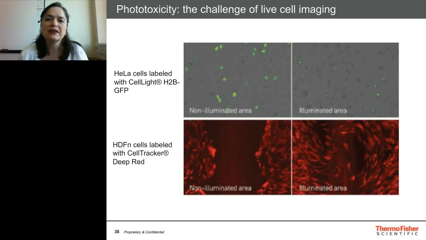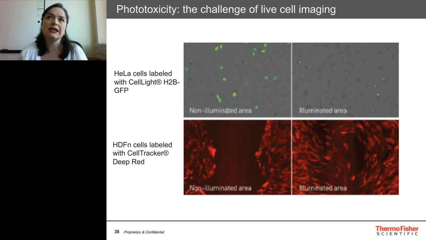And what you see in the non-illuminated area is that you have a nice bright green fluorescent signal from your GFP labeled nuclei, and the cells are happy and thriving. And sometimes people think that that's from the expression of a probe or labeling with a dye. It's really not.